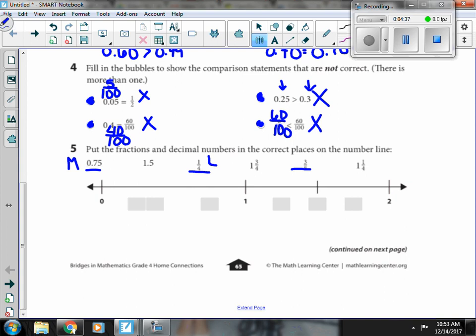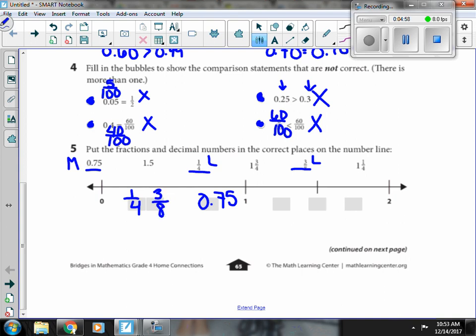And 3/8 is less than half. So this 75/100 must be the biggest one. And then I have 1/4 and 3/8. Well, 3/8 is really close to half, and 1/4 is pretty far away. So I'm going to say 1/4 and then 3/8.